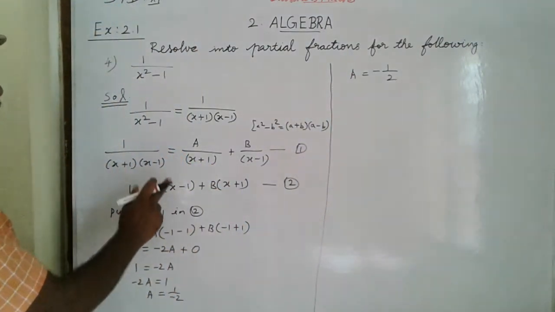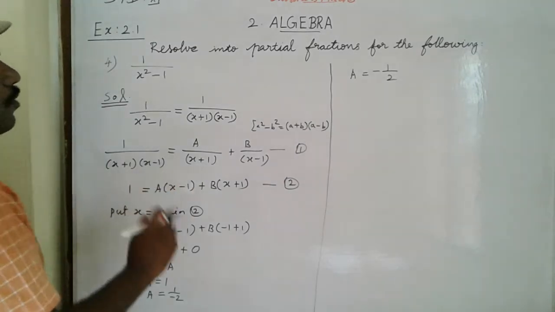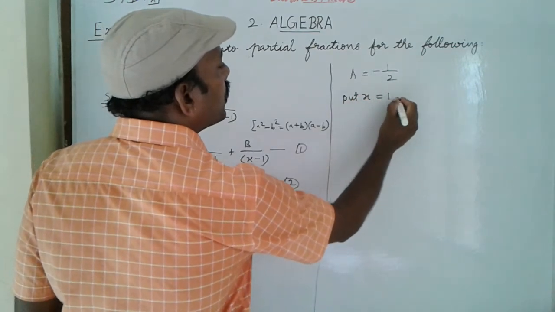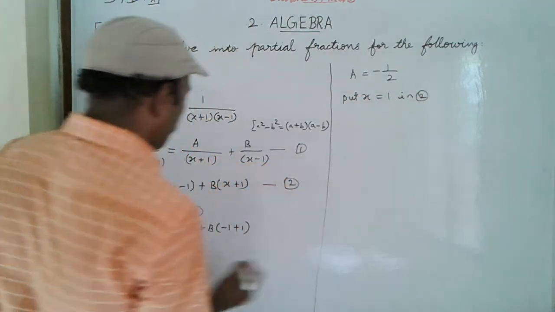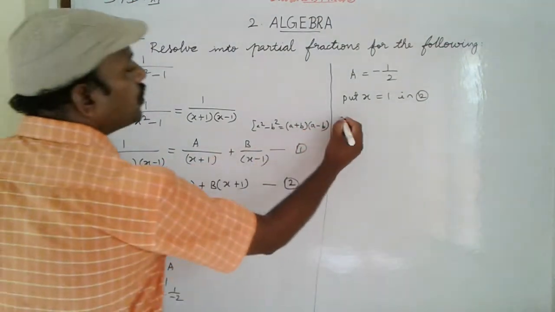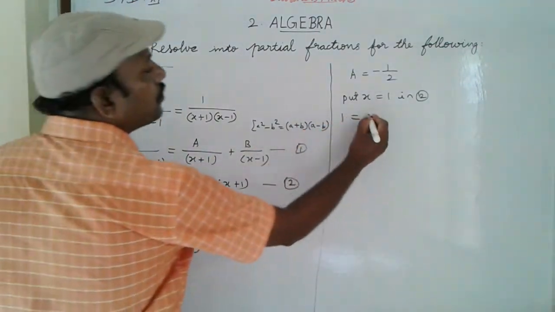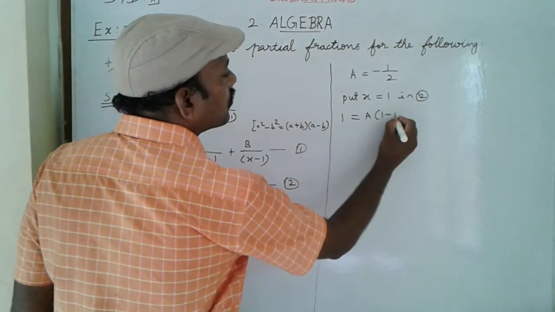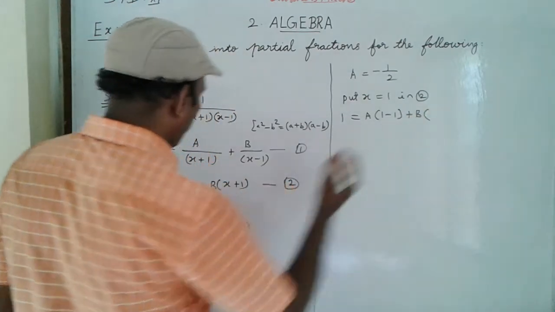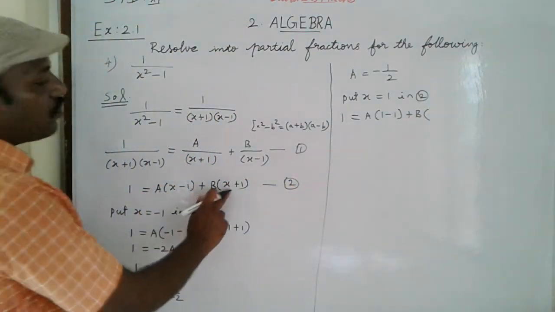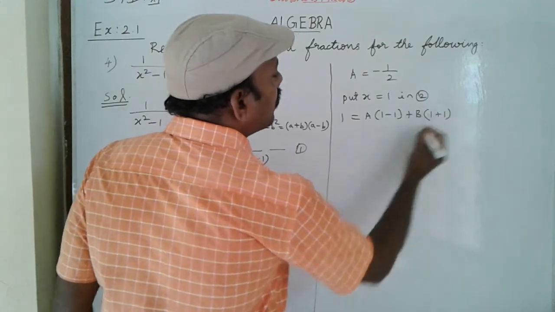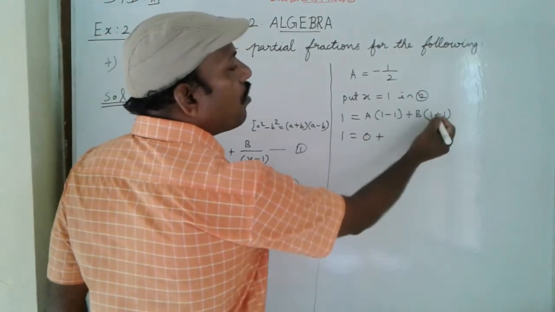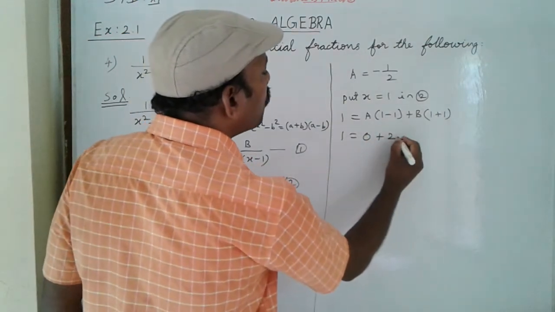Put x equal to plus 1, then a becomes 0. So put x equal to plus 1 in the second equation. Substitute here 1 equal to a into x value 1 minus 1 plus b into x value 1 plus 1, equal to 1 minus 1 is 0 into a is 0, plus 1 plus 1 is 2 into b is 2b.